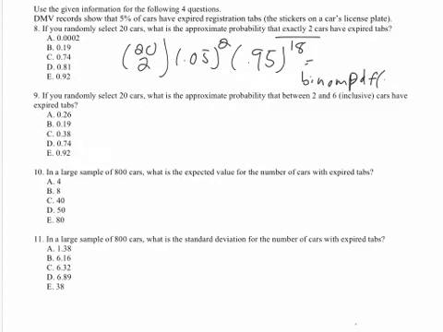And so if we type that in under second vars, remember, 20, comma, 0.05. Oh, yeah. No, I wrote it wrong twice. Sorry.